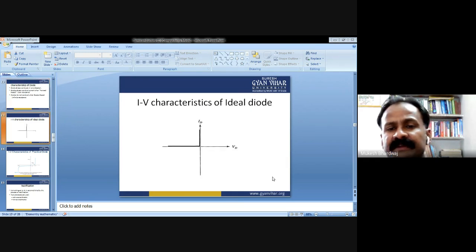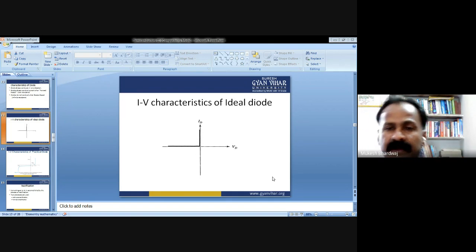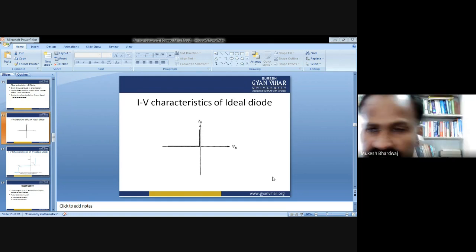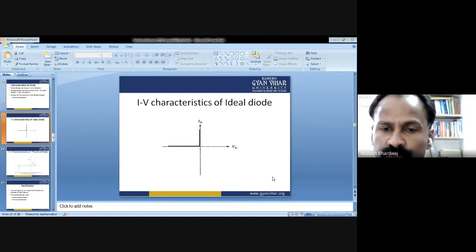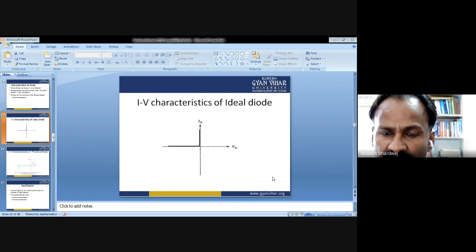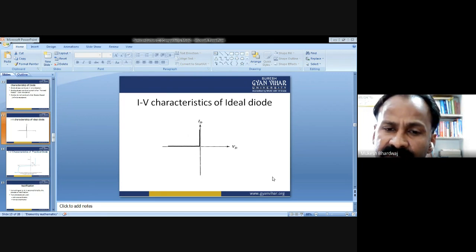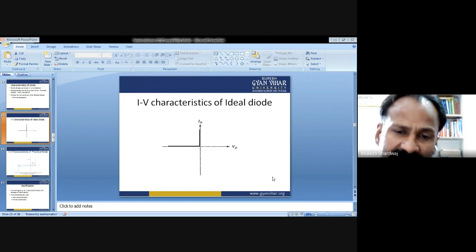This is the VI characteristic of an ideal diode. If I want to draw the VI characteristic graph of an ideal diode, you see that the instant you start applying forward bias, the current increases, because it offers zero resistance. Momentarily, at zero time, it increases to the maximum.